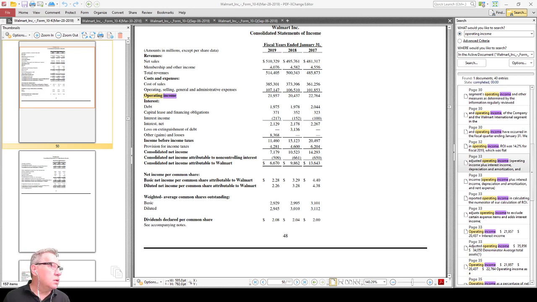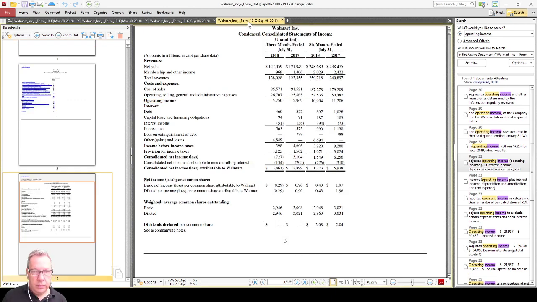And then we'll go finally to the 10Q. In this 10Q, we've got the operating income for 2018 is 5750. And that debt represented there is debt just within that year, right?